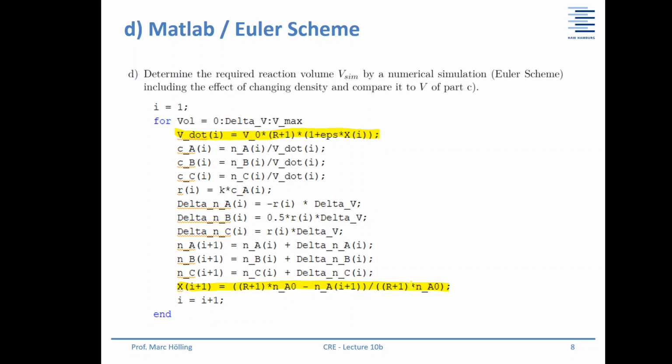The other things: you calculate your concentrations by dividing the mole flow by the volume flow. Then you calculate your reaction rate. Using the reaction rate you can calculate your change in the mole flows, and with that you can update your mole flows, and basically that's it. And then it's the next cycle. You should know this from the plug flow reactor.